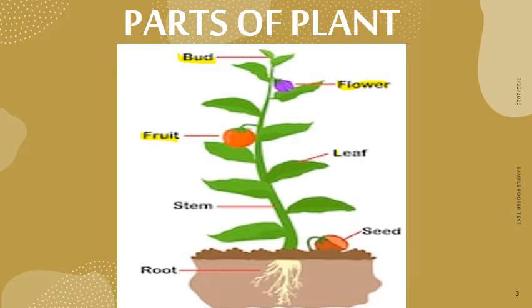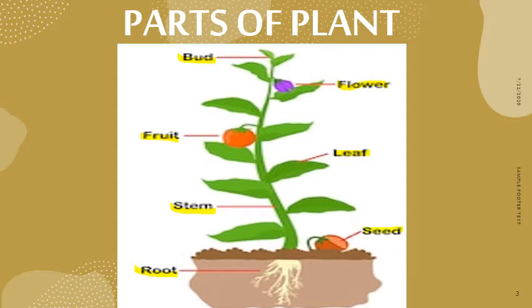Next is leaf. Other one is stem. Now the next part is root. So all the parts I have read are the parts of plants, and one more is seed.